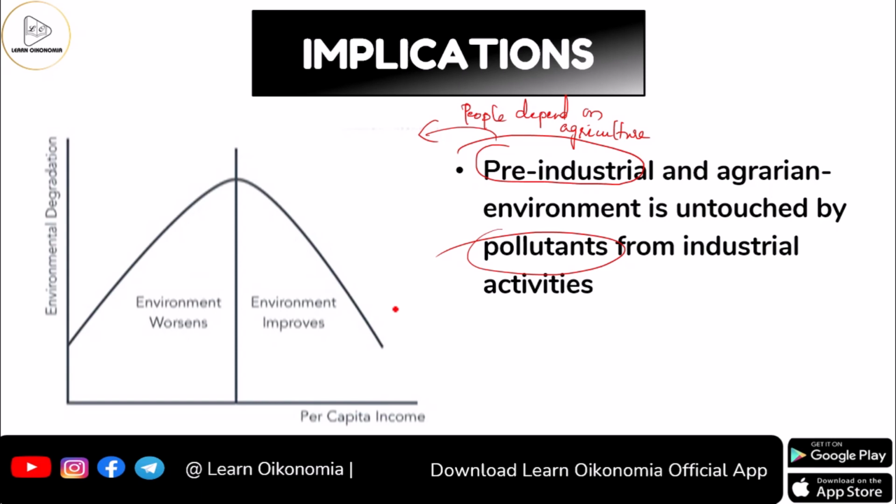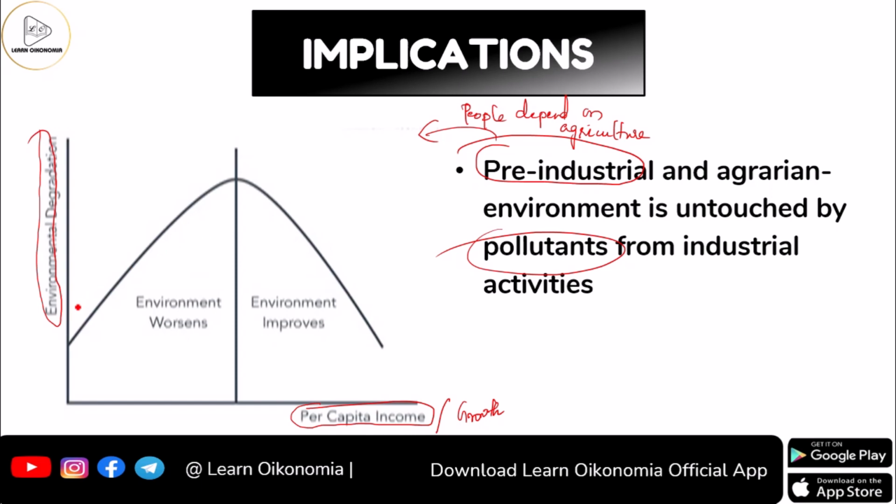So let's come to the figure and see. You are measuring per capita income along the x-axis, or per capita income is otherwise considered as growth in the economy. And on the y-axis, you are measuring something called environmental degradation. We are now in the initial stages.